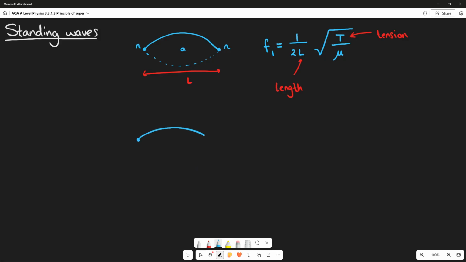We have the string oscillating, and that string is held over a pulley with a mass hanging from it there, and an oscillator generating this wave, usually at this position. So an oscillator vibrating this up and down. And the tension is the force created by that mass. This term here is the mass per unit length, and that's the string itself.